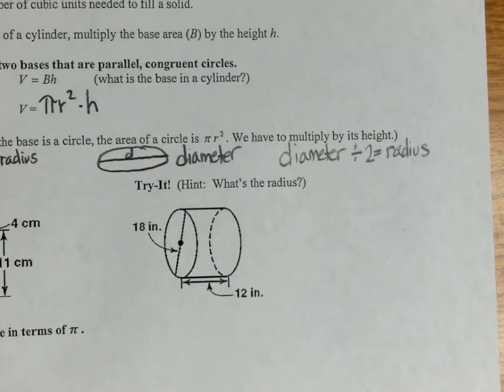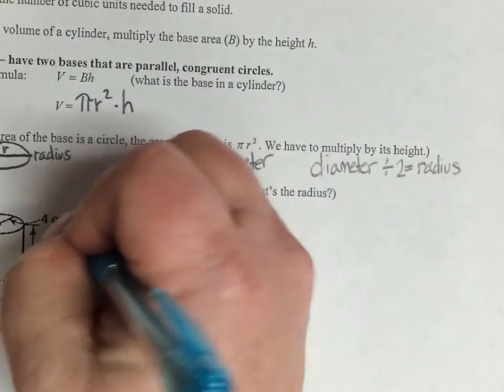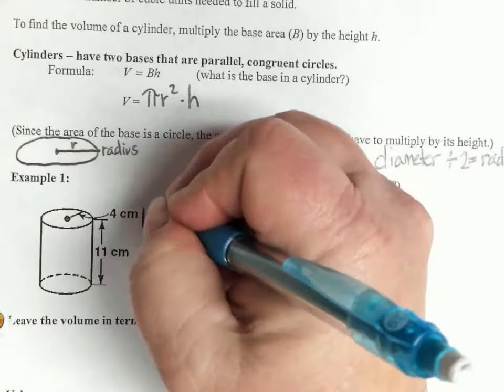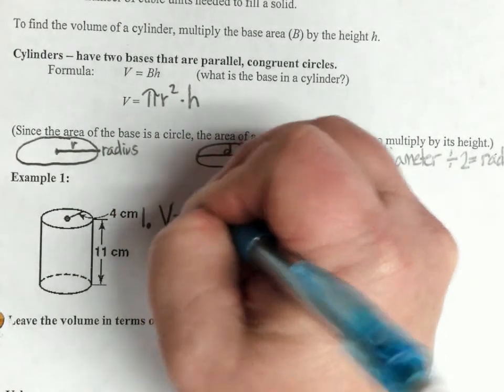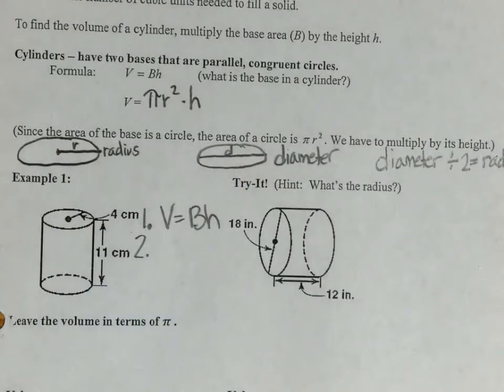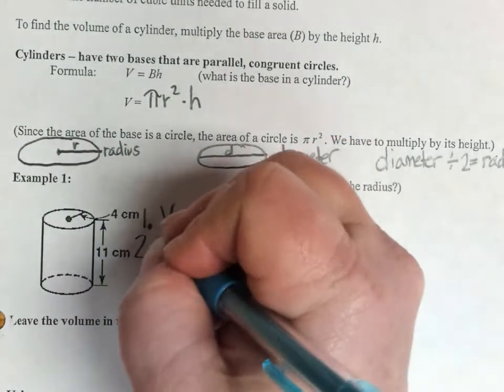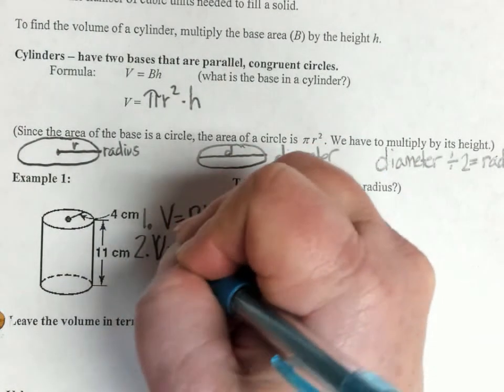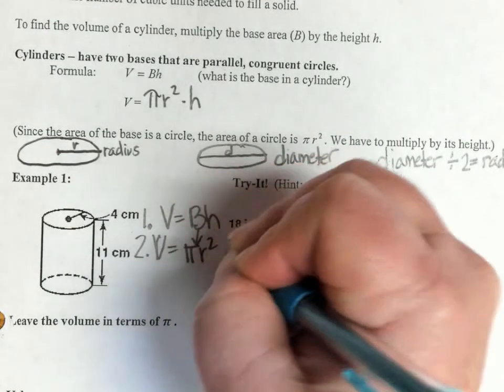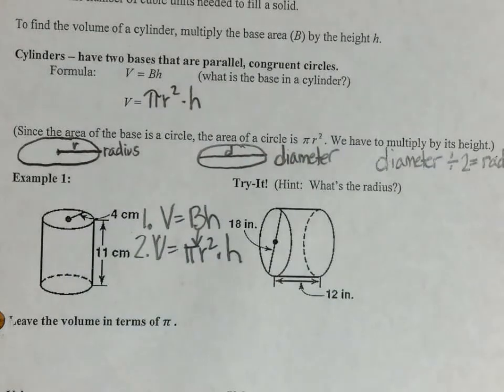So in this one, here's step 1. For every problem you do, you are going to write V equals big BH. Step 2, you are going to write V equals pi r squared times height.